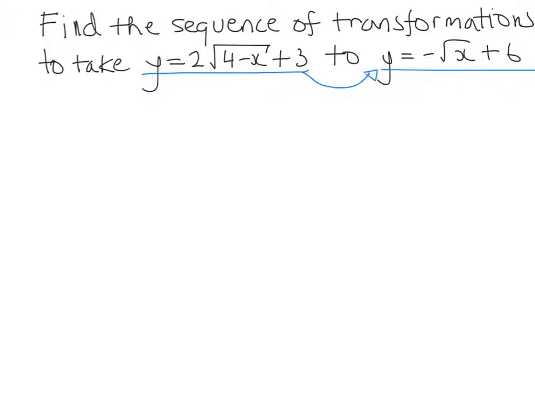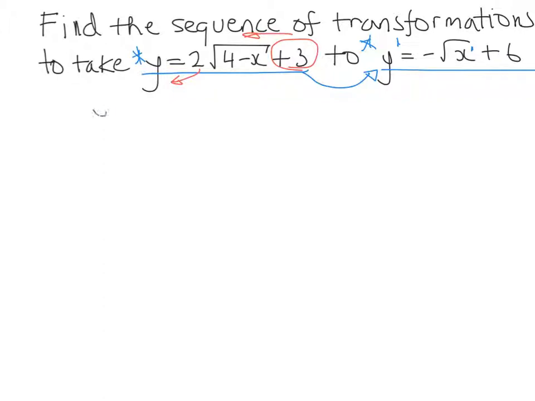Well, let's see. Let's manipulate this one a little bit, and this one a little bit, and we'll also label this with our new graph labels. So what I'll do is I'll take this +3 across to the other side, and this down to there.